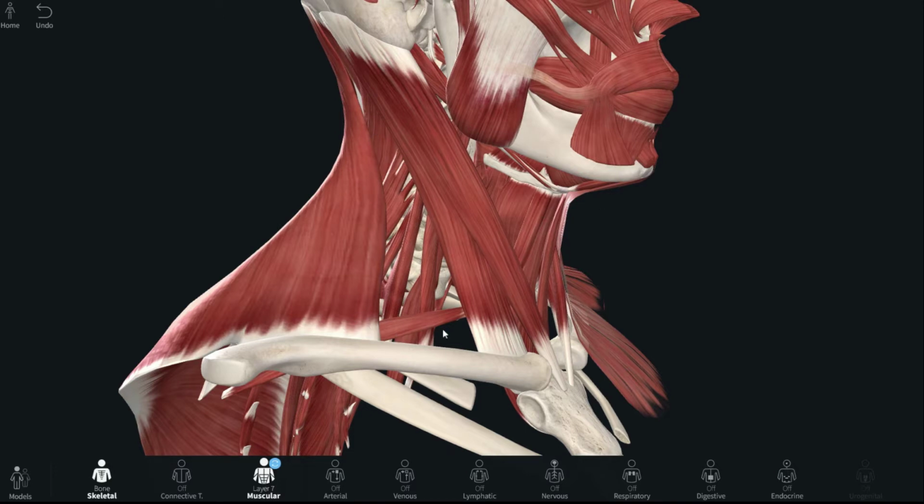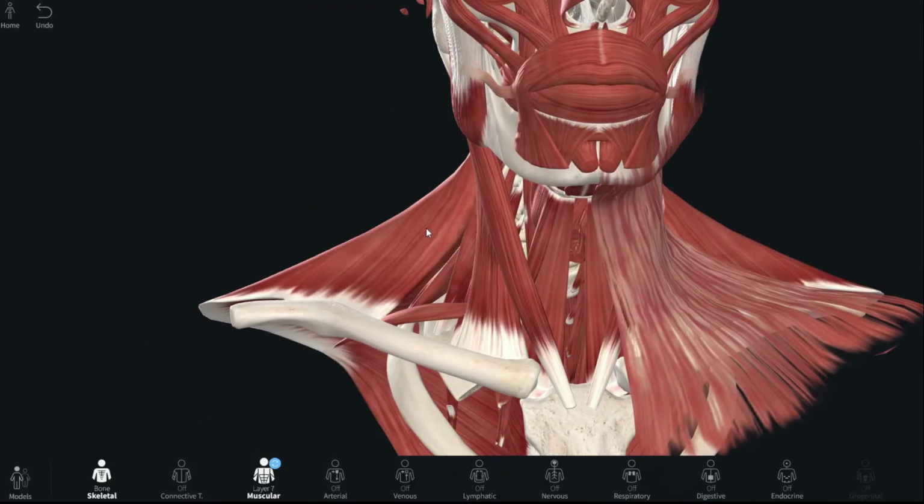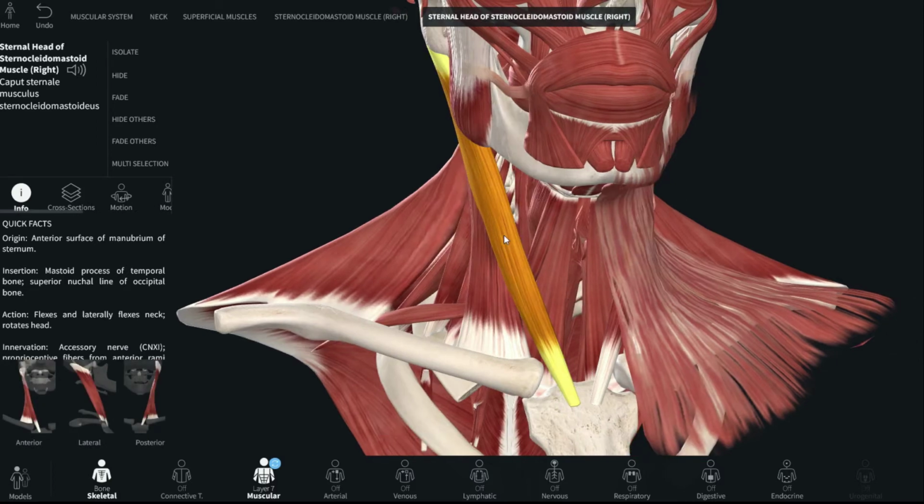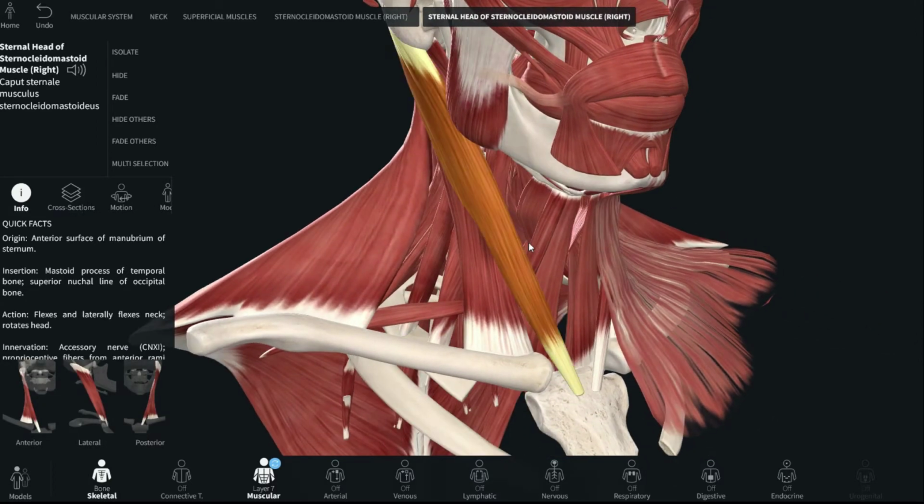So it's separating these two triangles, right? So let's talk about the sternocleidomastoid. As I've already shown you from the model itself, and you can pretty much see for yourself, sternocleidomastoid has two parts, or rather two heads.